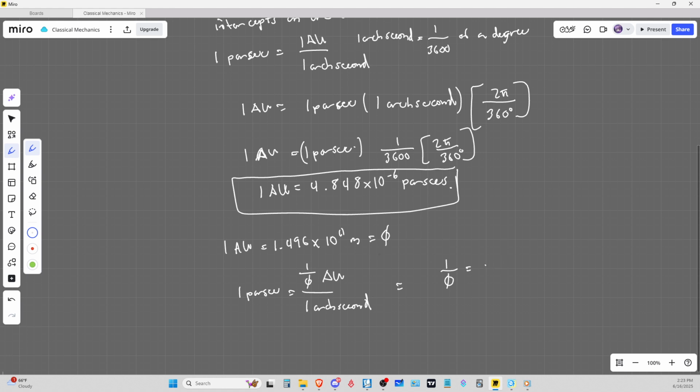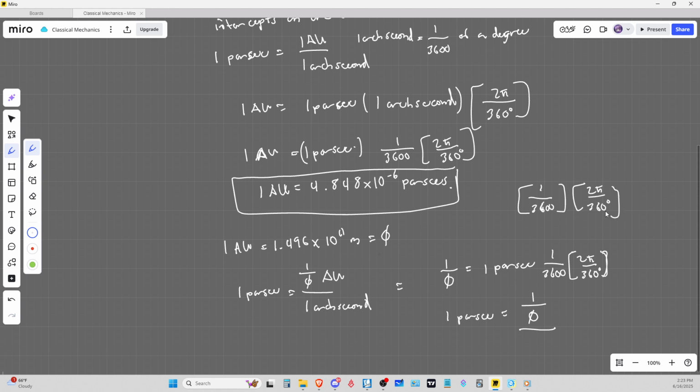The only difference is that we'll have 1 parsec, so that's going to be left alone, but we're still going to have to divide it on the other side, so then 1 parsec is going to be equal to... let me write it as x.